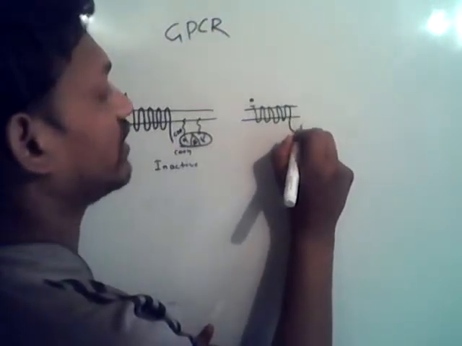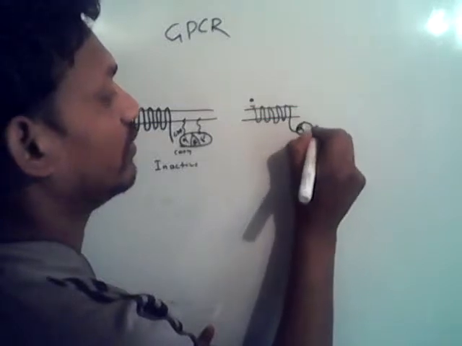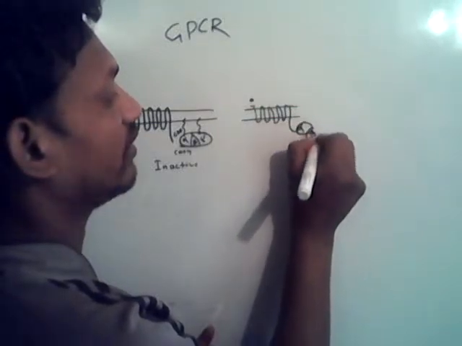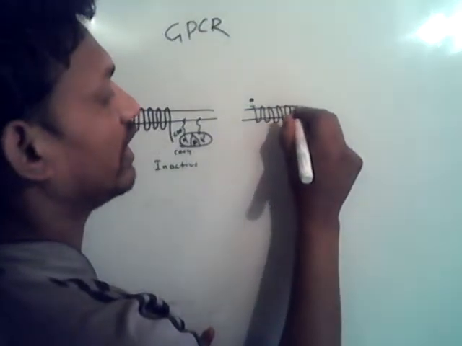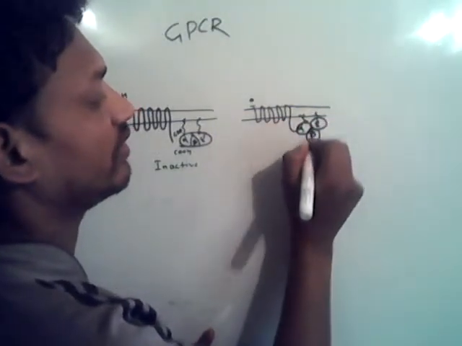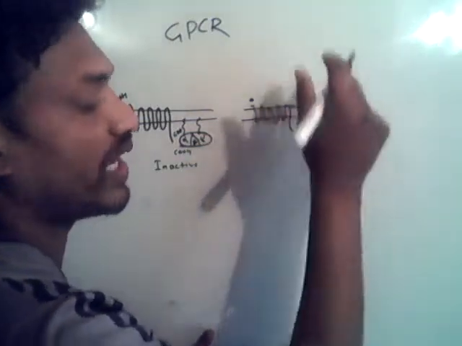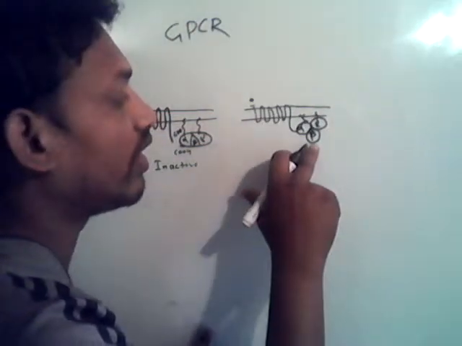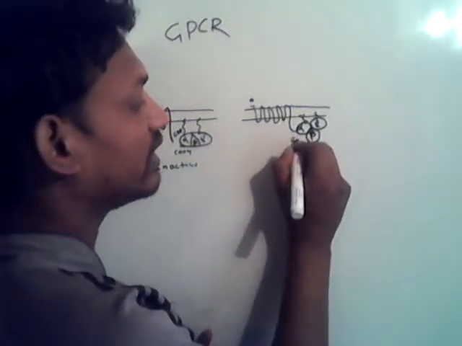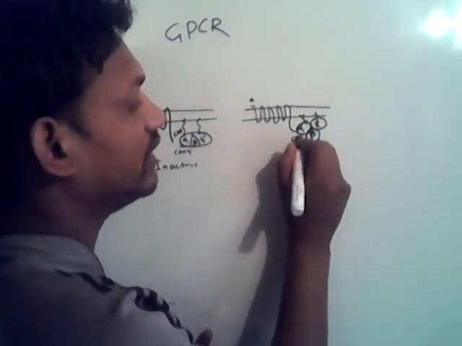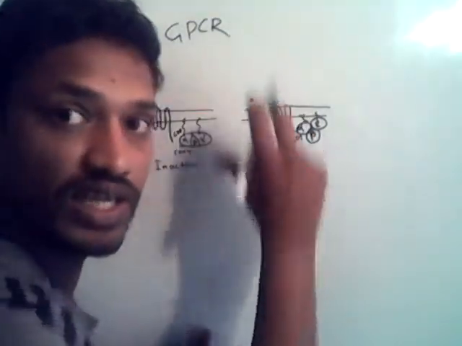For example, this is the alpha, beta and gamma. As you know, gamma and alpha bind directly to the membrane. Beta does not bind directly to the membrane. It contains GDP.